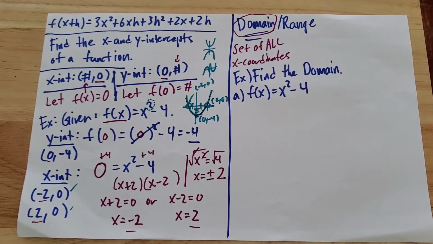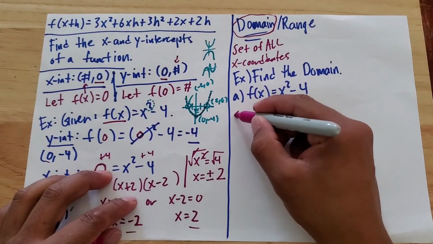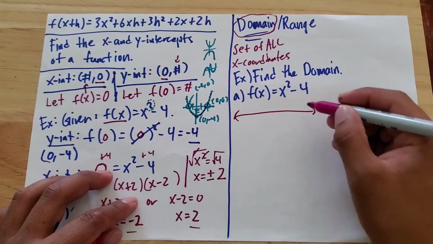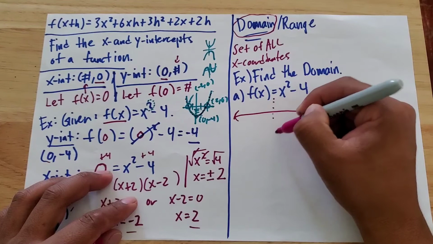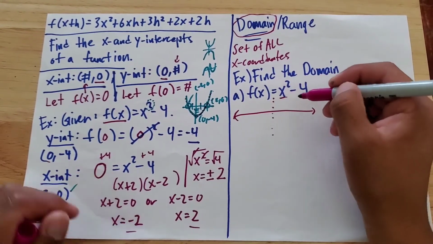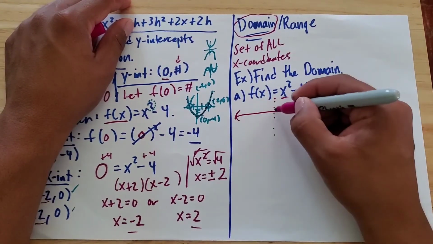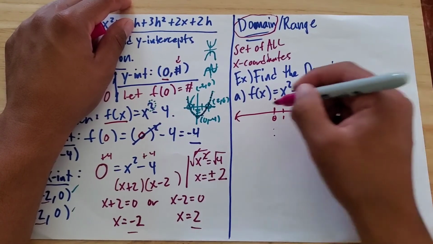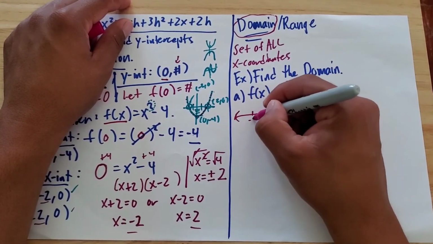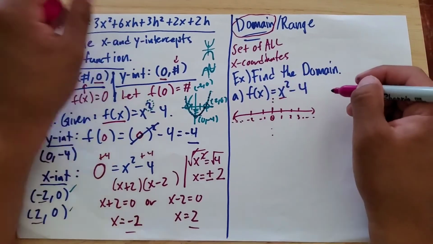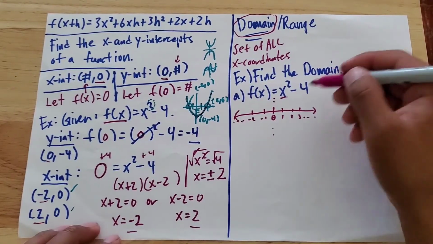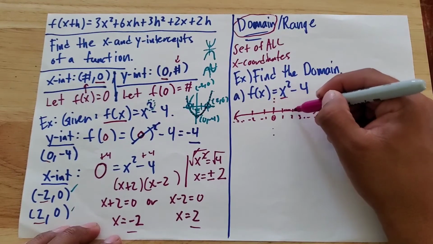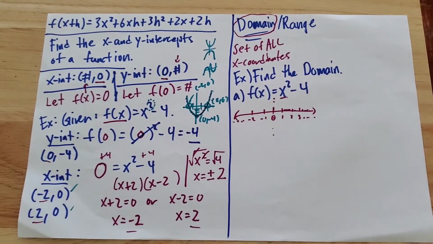Let's say we're looking at just the number line, because we're not worried so much about the y-axis right now, only x coordinates. So I'm worried about the x-axis, where here's 0, 1, 2, 3, and so on, -1, -2, and it goes on forever. And then there's a bunch of other numbers in between as well.